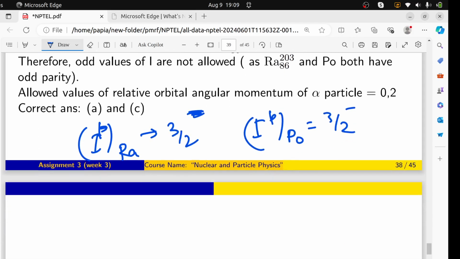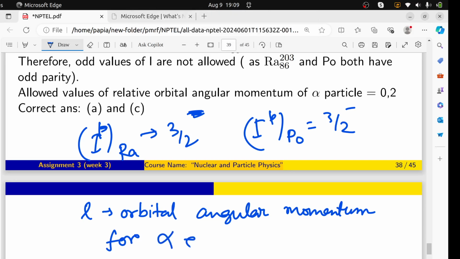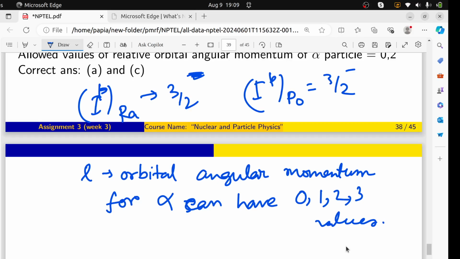As I already calculated from the I case, the orbital angular momentum for alpha can have 0, 1, 2, 3 values. It can have these values from the concept of I only.